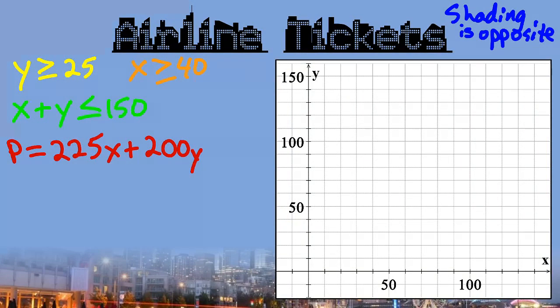All right. So y is greater than or equal to 25. Here we're going to find 25, which is the y value. This is 10, 20, 30, 40, 50. So 25 is going to be in between 20 and 30, and we are going to shade below that instead of above.